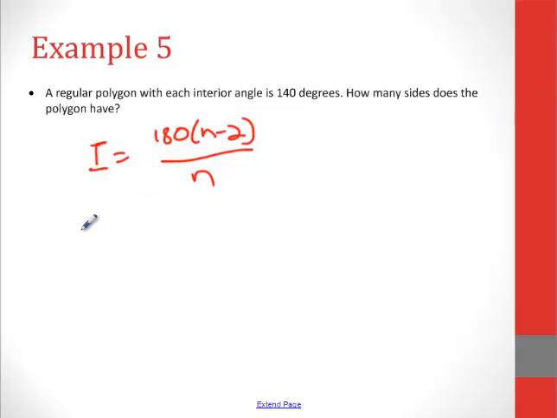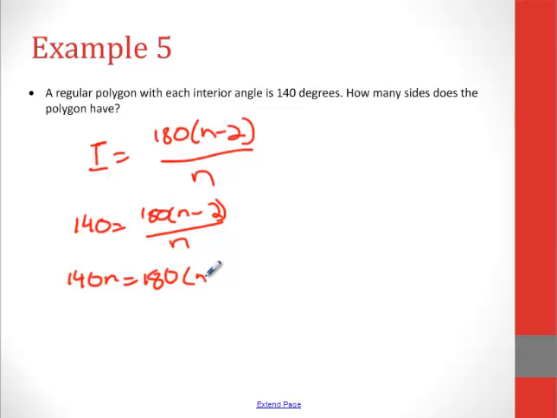Well, we know 140 equals 180 times n minus 2 over n. I'm going to multiply both sides by n. That way now I have no denominator. I'm going to distribute on the right hand side. So 140n equals 180n minus 360.